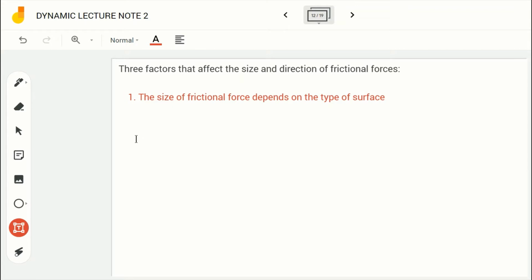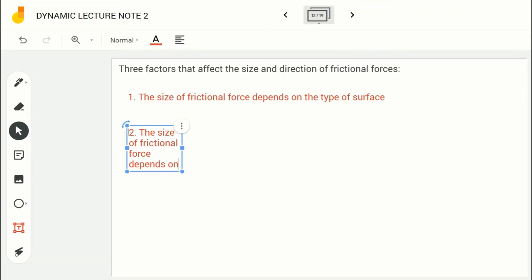Number two, the size of frictional force depends on the size of the force acting at right angle to the surface.